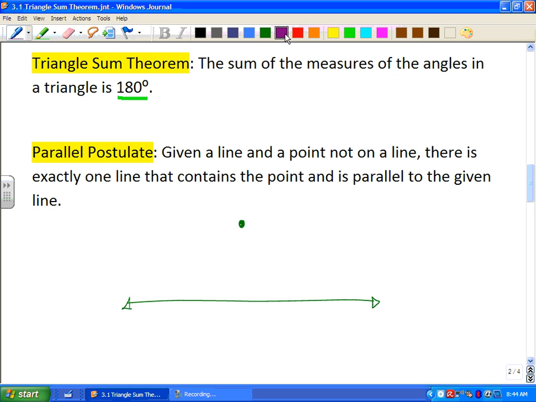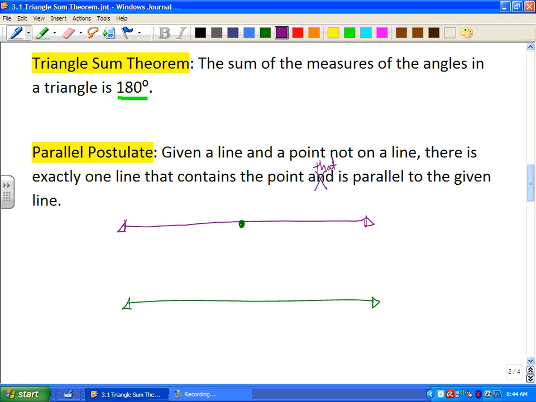There is exactly one line that contains the point that is parallel to the given line. Okay? There is only one option of a line that goes through this point that is parallel to that line.